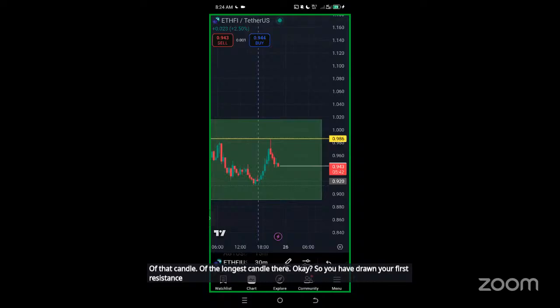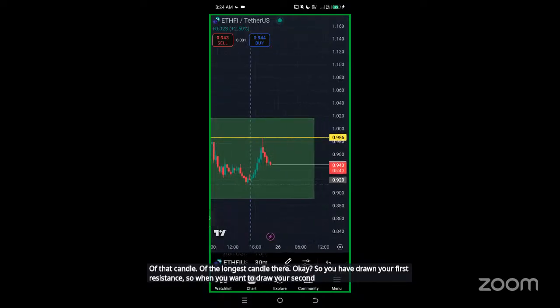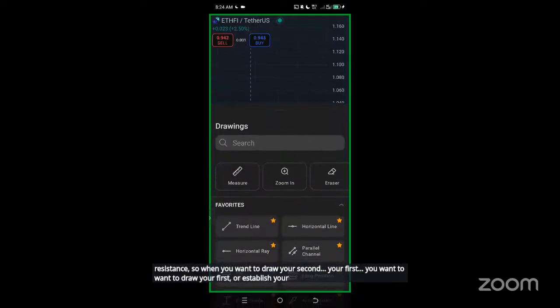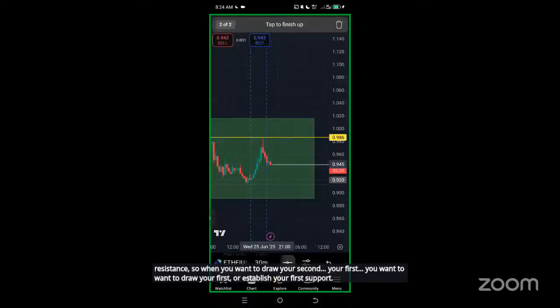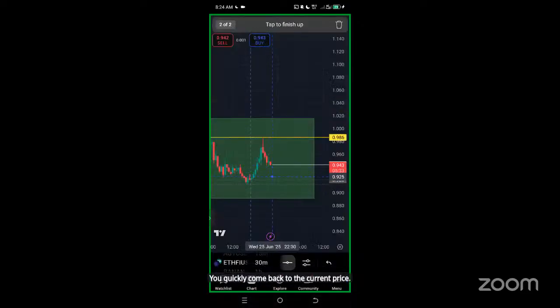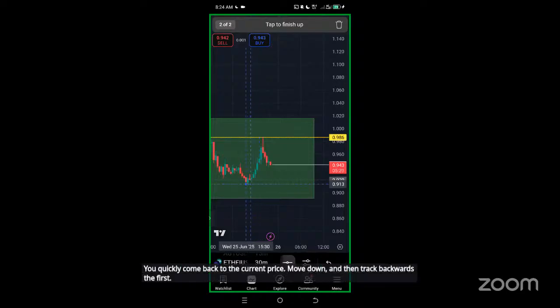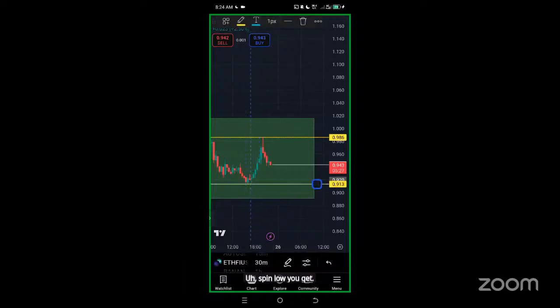So when you want to establish your first support, you quickly come back to the current price, move down, and then track backwards. The first swing low you get becomes your support. See that?